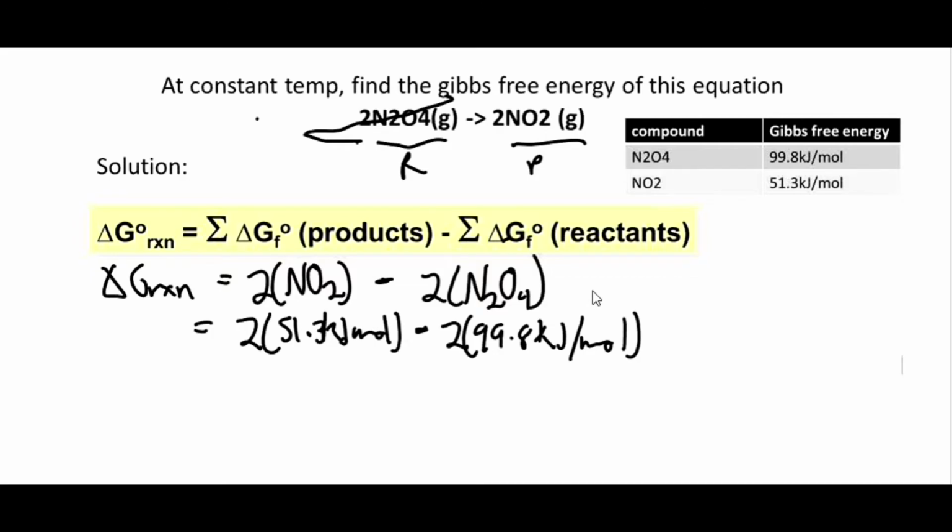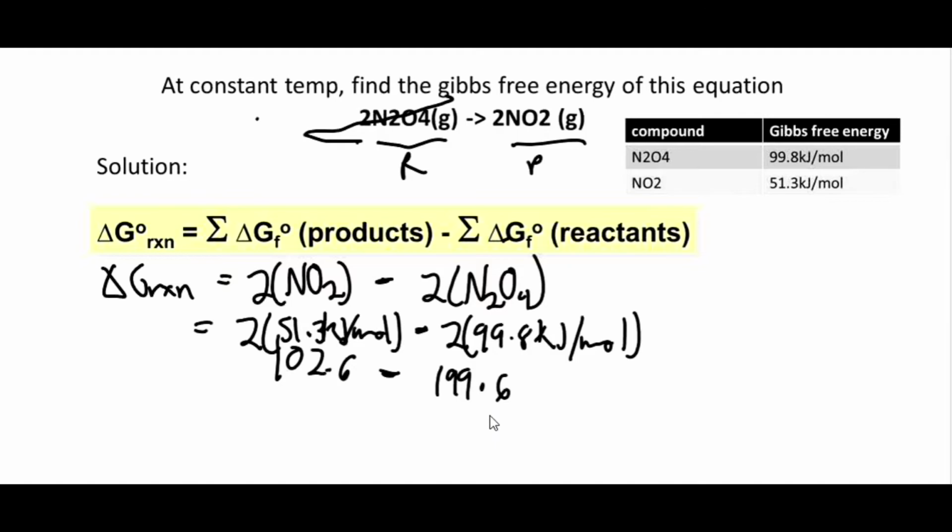So 2 times 51.3, the answer is 102.6 kilojoules per mole, minus 2 times 99.8, that's 199.6.